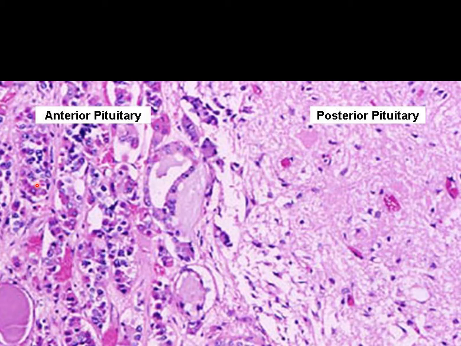Here we can see that the anterior pituitary is glandular in nature, and we see that it has lots of dividing cells, whereas the posterior pituitary has fewer cell bodies and it has a variety of neurons running throughout.